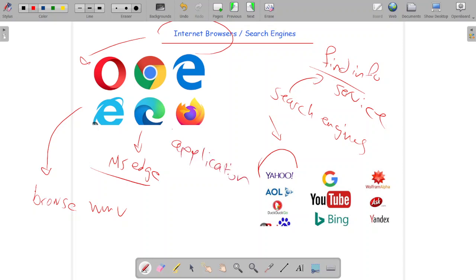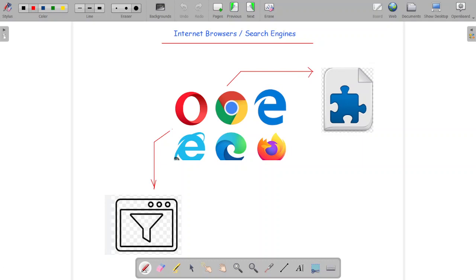And when we use them, internet browsers provide a mechanism to filter the content if you don't want to see inappropriate content, for example.